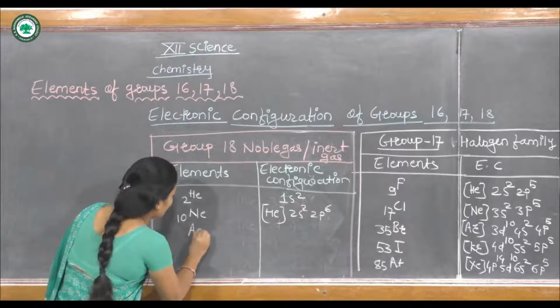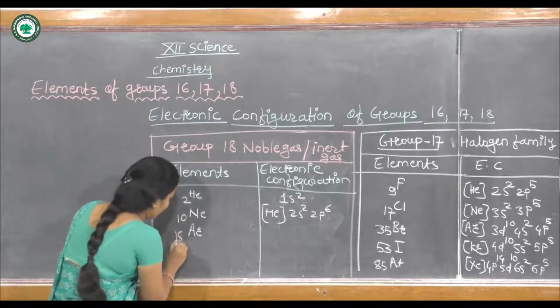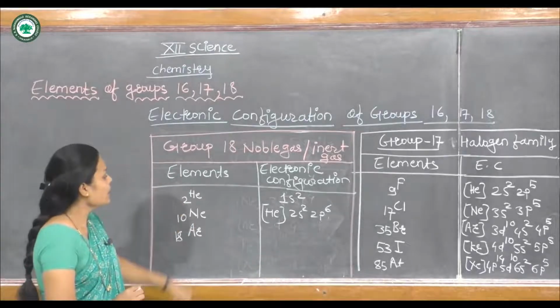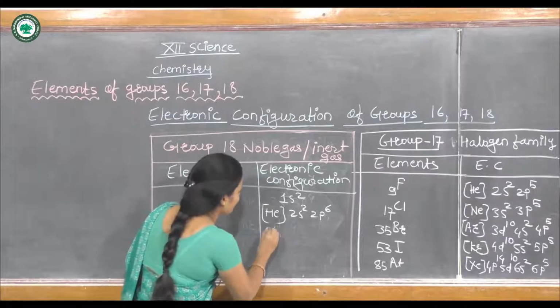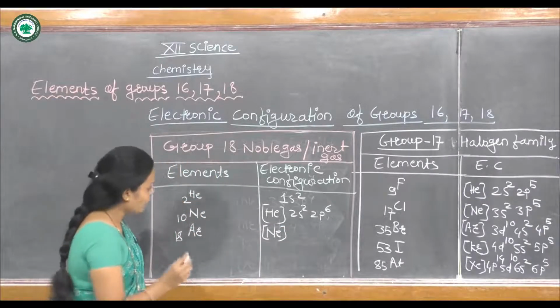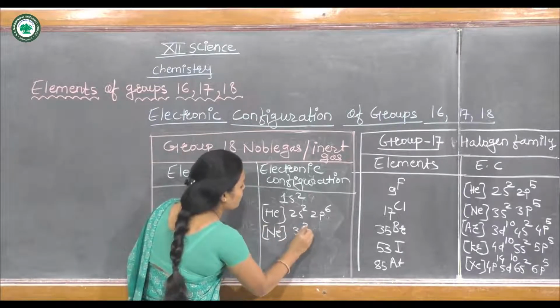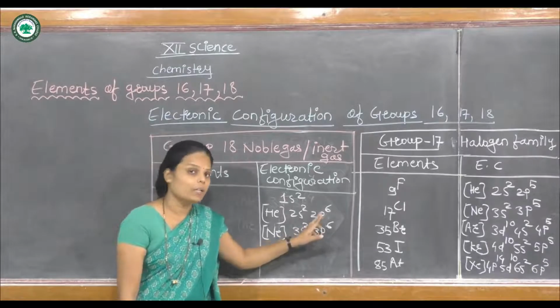Now the next element is argon. Its atomic number is 18, and its electronic configuration is represented by neon, followed by 3s2 and 3p6.